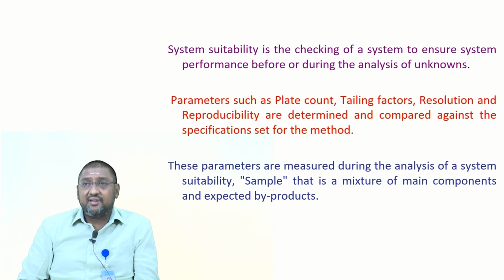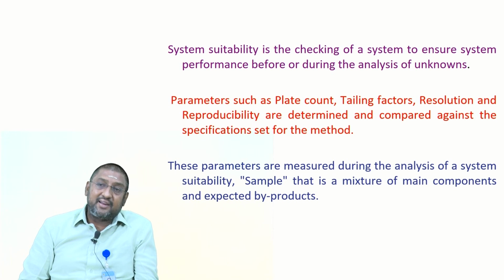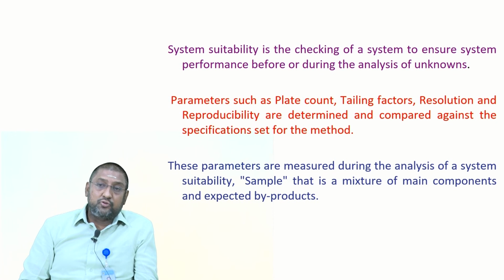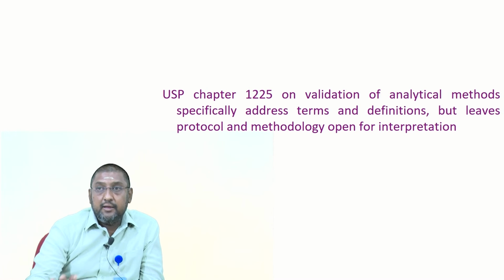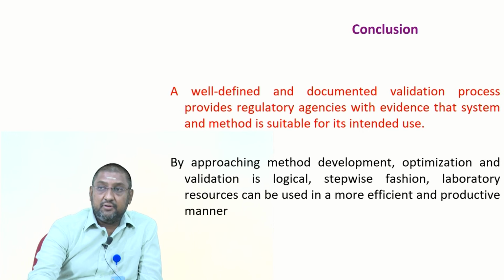From the chromatograms you take all the data and compare with the method, to ensure whether the method you selected is suitable for the experiment or not. And this is USP chapter 1225 on validation of analytical methods, which specifically addresses the terms and definitions, but leaves the protocol and methodology open for interpretation.